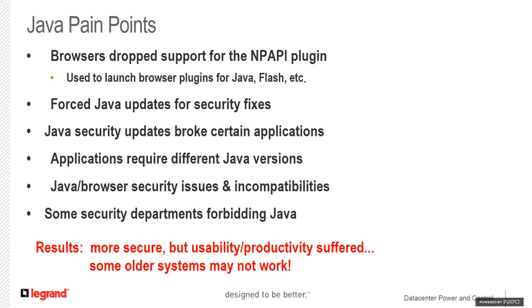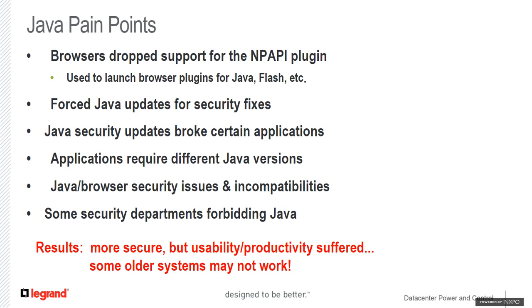So what's the issue? I mentioned the plugin, and there was an NPAPI plugin that was used to launch plugins for Java, Flash, and other types of applets. It was a very old technology, and the browsers stopped supporting it because it wasn't considered secure anymore.